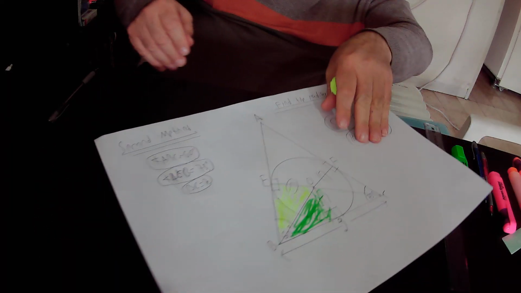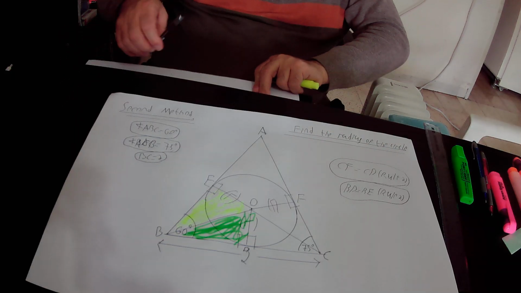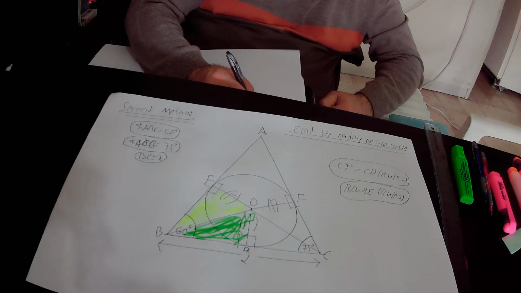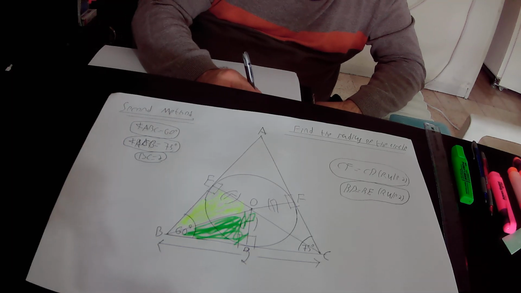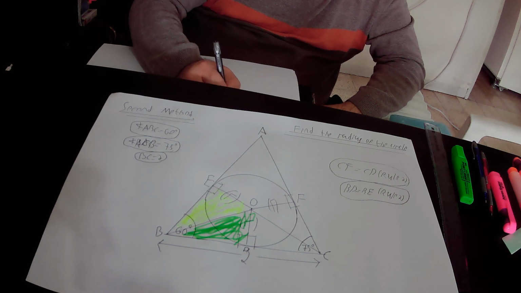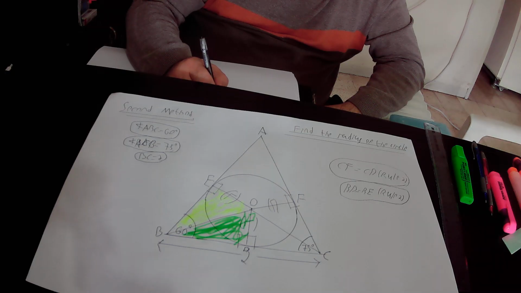So I write it down: I prove that the green right triangle OBD is congruent to the yellow right triangle OBE.